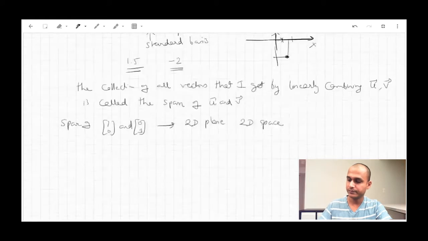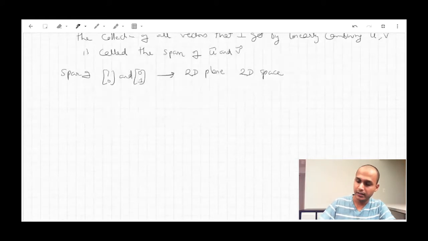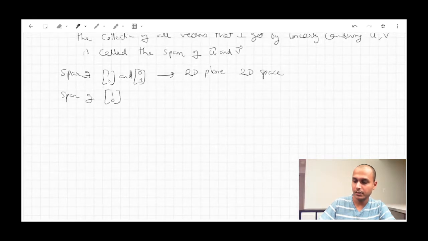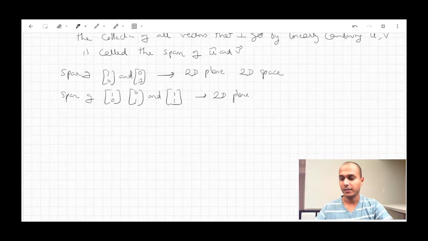Now, what is the span of (1, 0), (0, 1), and (1, 1)? It is still a 2D plane. You'll see that even with one additional vector, it was not actually needed. I could have reached all the points or vectors in the 2D plane by just using any two of these three vectors.